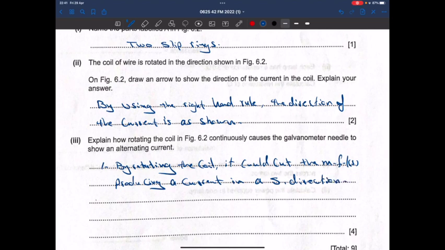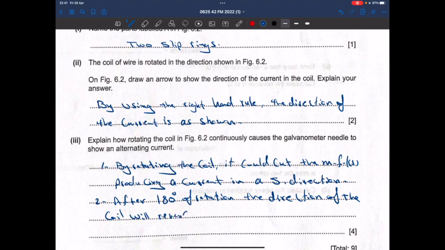The second part is number 2. After 180 degrees of rotation, the direction of the coil will reverse. So instead of moving up, it could move down and so on.